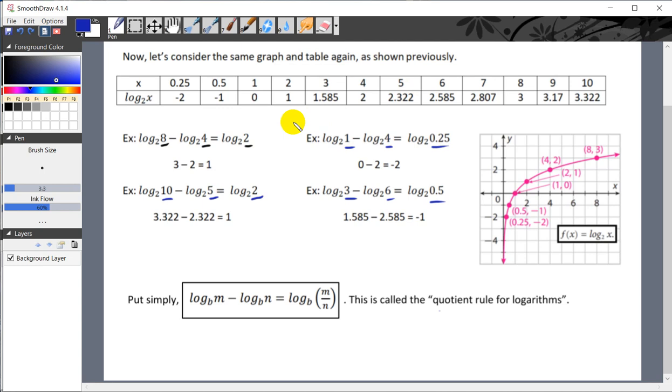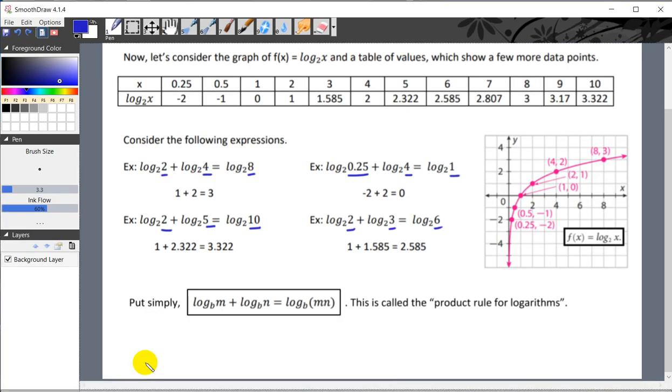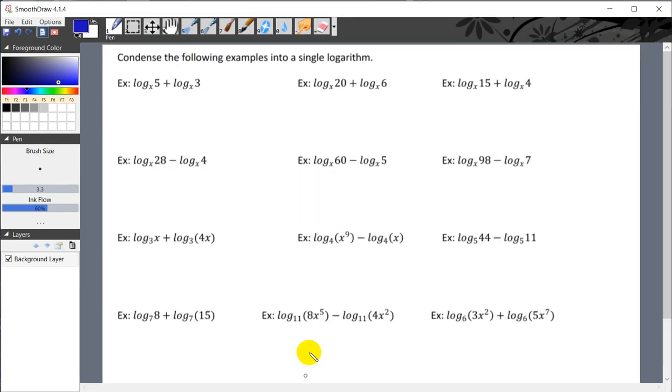Okay, anyway, enough of me just trying to talk about this. Let's try to do some examples. Okay, so let's say we want to condense the following expressions into a single logarithm. Let me write those two rules for you, just to reiterate what we went over. Log base b of m plus log base b of n is equal to log base b of m times n.